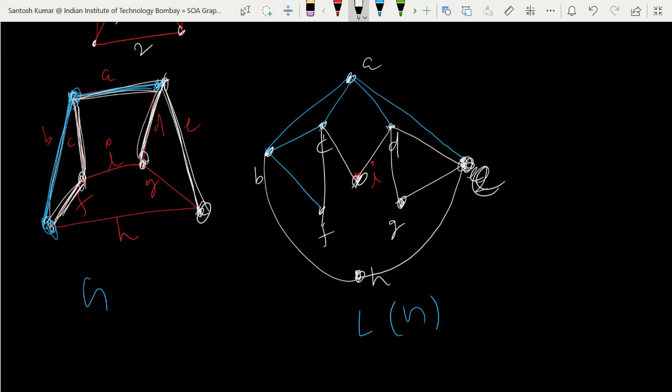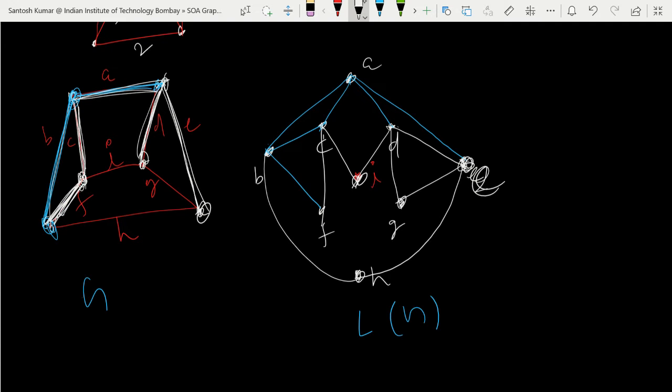Come to F. For F, it is sharing vertices with B, C, I, H. So B, C, I, H. BC already joined.